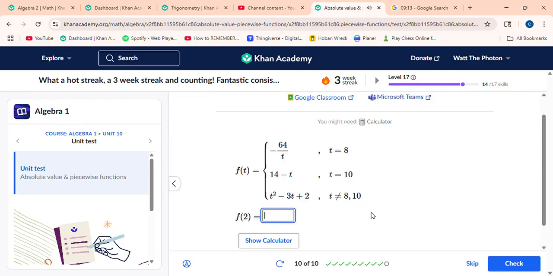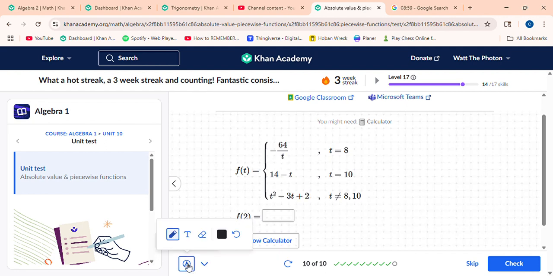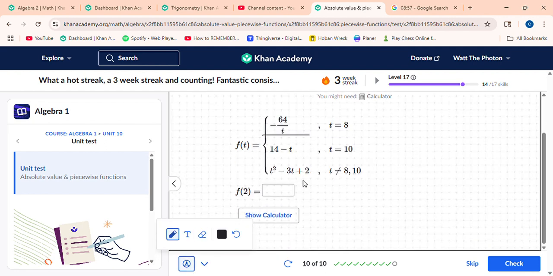F of 2. So for x is f of 2, I see. So if f of x follows this function, it's this number. Solve this number, it's this number as well. Okay, let's see.